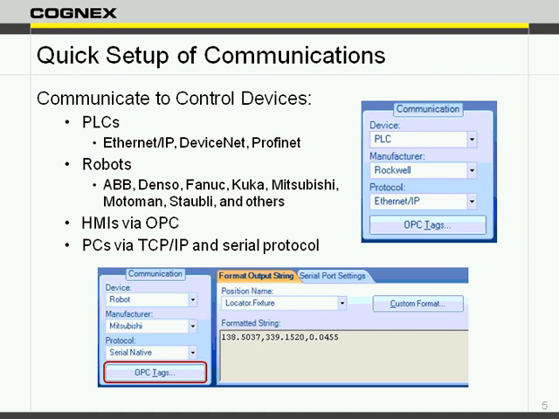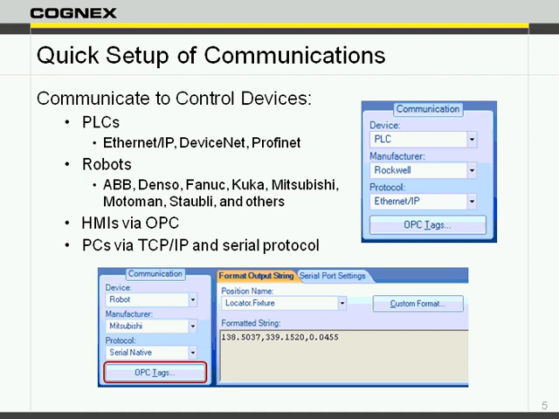When you select a robot or PLC, there's a list of different manufacturers that will come down. We've already set up basically the communications for those PLCs or robots. Or you can pick other as a device and format the data any way you'd like. And I'm going to show you that as well. Again, for PLCs, we offer Ethernet IP, DeviceNet, Profinet.